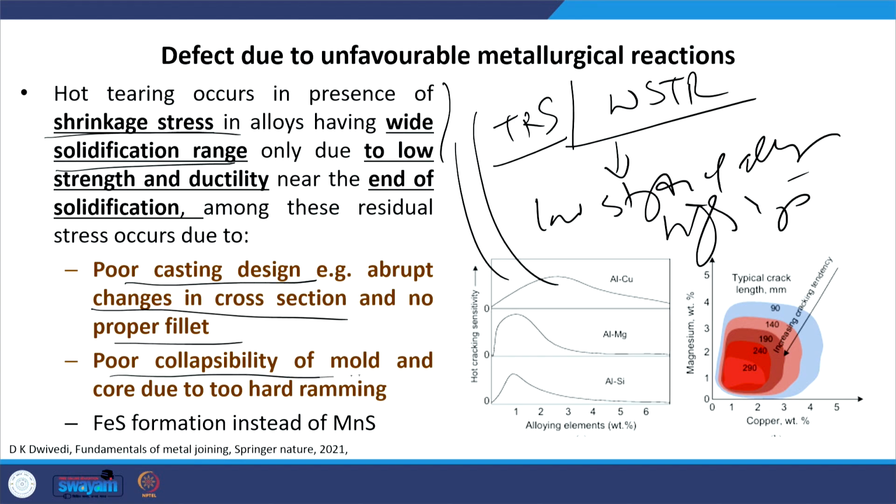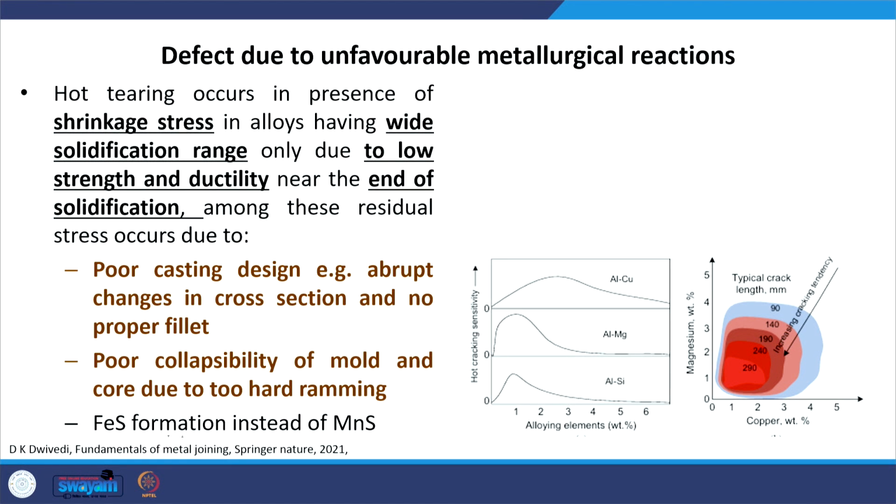Poor collapsibility of the mold, or if ramming is too hard, then when the solidified casting is shrinking, it will not shrink freely because of the poor collapsibility, and this will also set up residual tensile stresses.